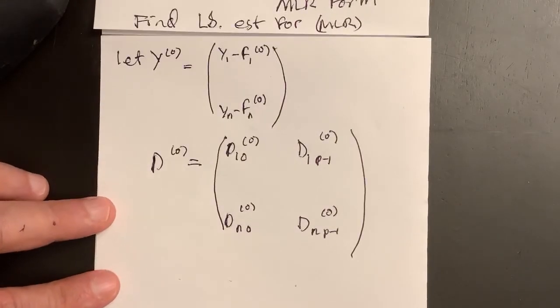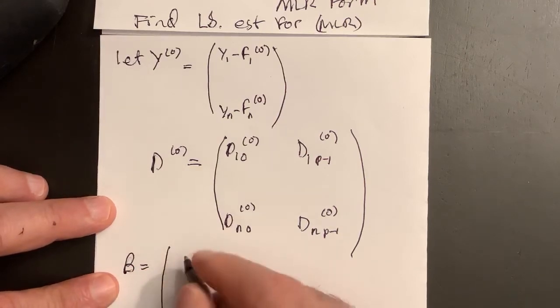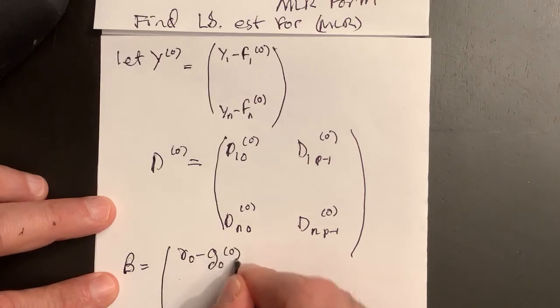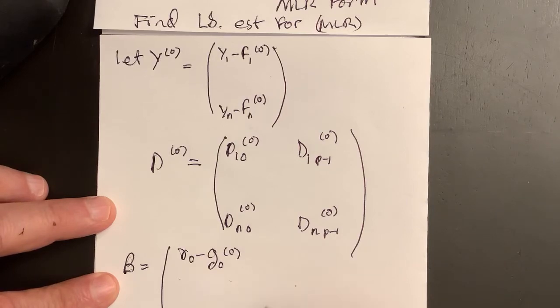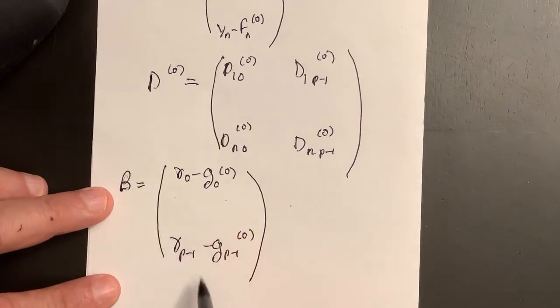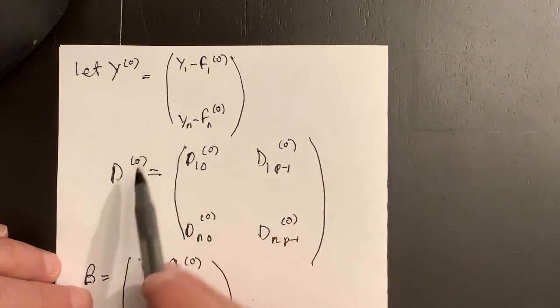What else do we have here? We have beta0. Beta would just be equal to gamma_0 minus g_00, down to gamma_p-1 minus g_p-1,0. That's beta. This is your new parameter vector. d0 is like your new x vector, constants.